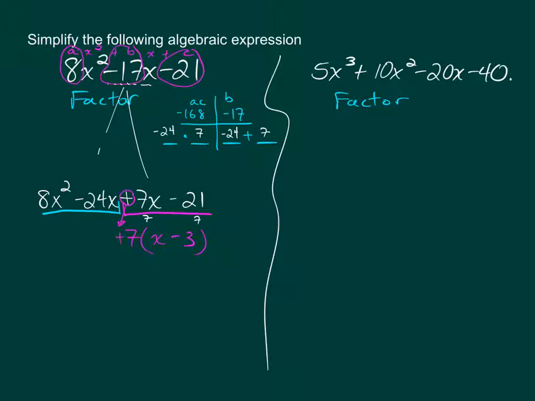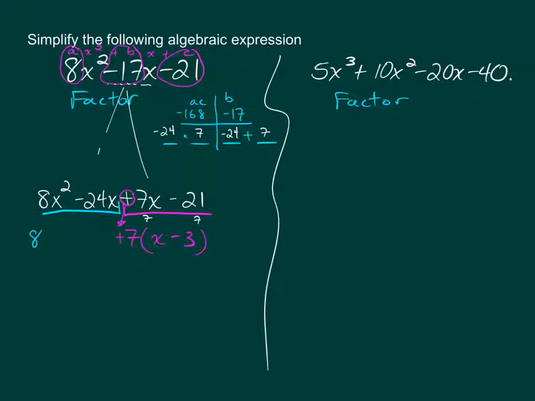All right, let's take a look at these first 2 terms here. Here we have 8x squared minus 24x. With this one, we can divide both of these numbers evenly by 8, and that's the largest number we are looking for, so 8.